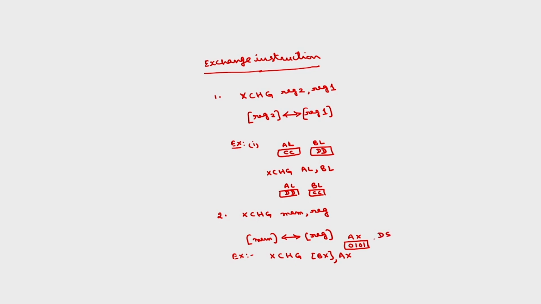For all these memory calculations, by default the segment register is the data segment. If DS is 5000 and BX is 2000, then the physical address is 52000H, as we have calculated in the earlier examples also. Here we have 1F, and in the next location 52001H, we have 2F.